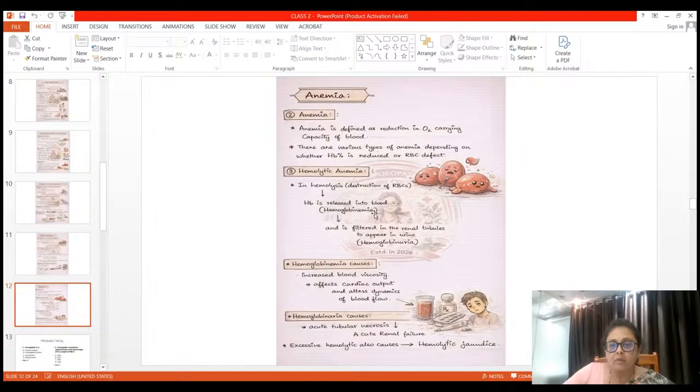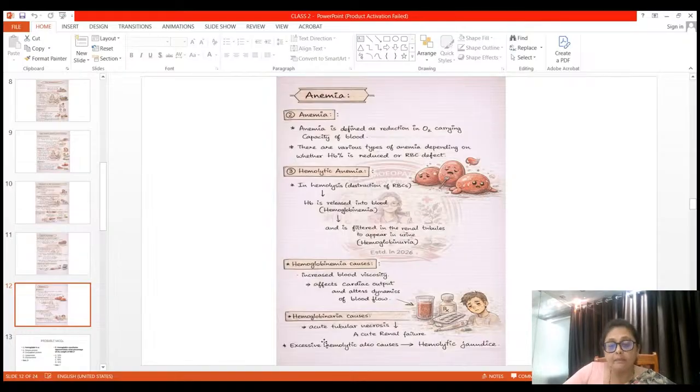So this hemoglobin is released into blood, causing hemoglobinemia, and this goes into renal circulation and is filtered in renal tubules to appear in urine as hemoglobinuria. Hemoglobinemia will increase the blood viscosity, which will affect cardiac output and alter blood flow dynamics.